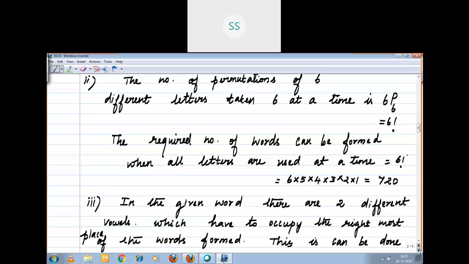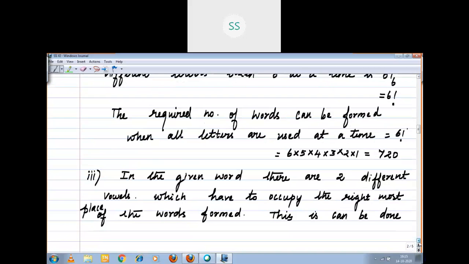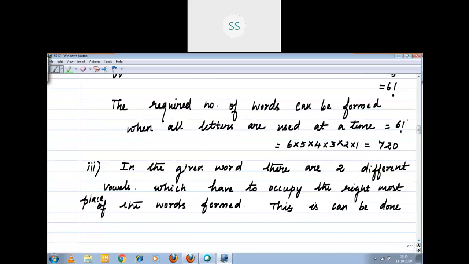This can be done in two ways, because two vowels are there, so two ways.